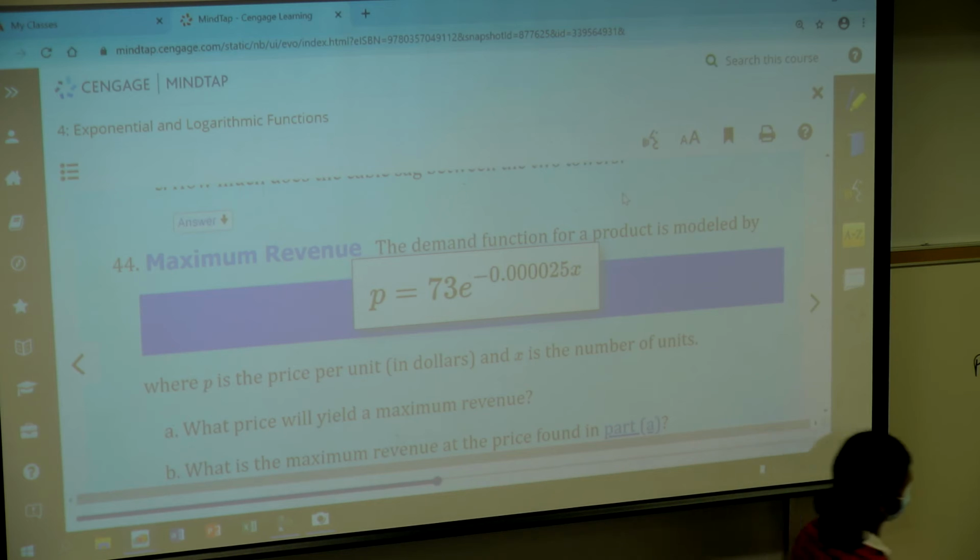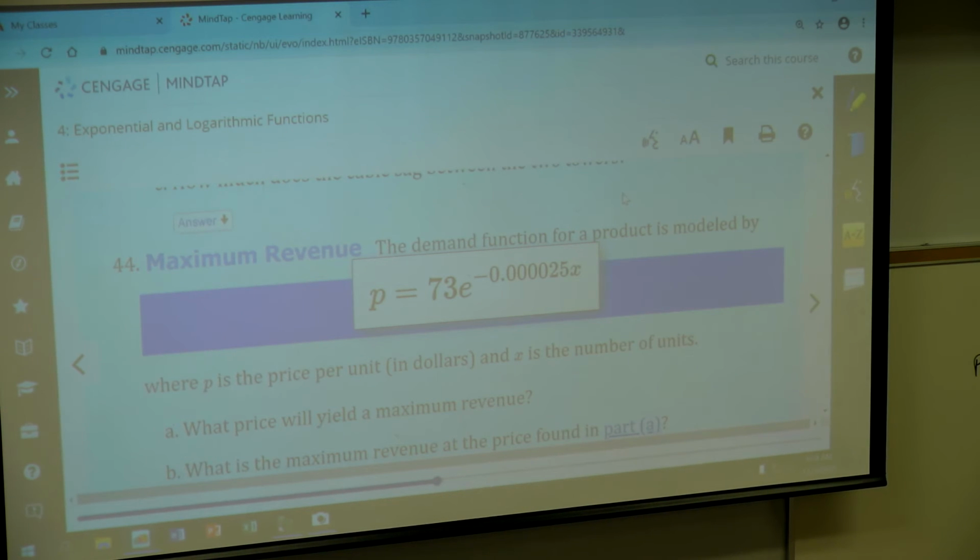Well, what value would give us 0? If x is 0, then e^(-0.0000025x) would be e raised 0, which is 1. 1 cannot equal 0.